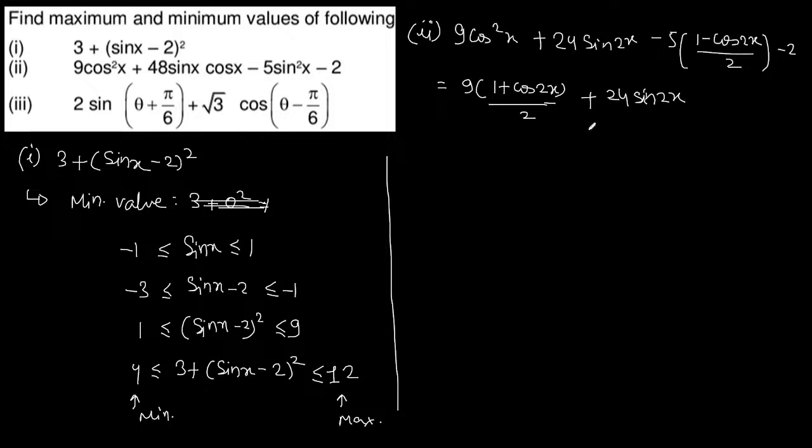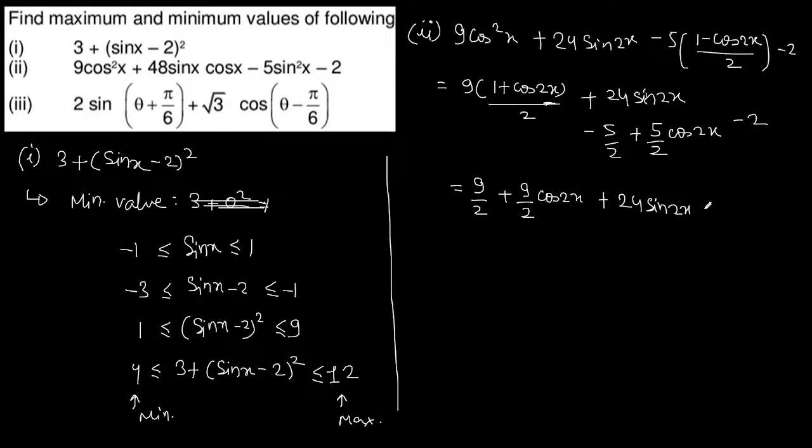And if we expand this, this is nothing but minus 5 by 2 plus 5 by 2 cos 2x minus 2. This is 9 by 2, this is 9 by 2 cos 2x plus 24 sin 2x minus 9 by 2.